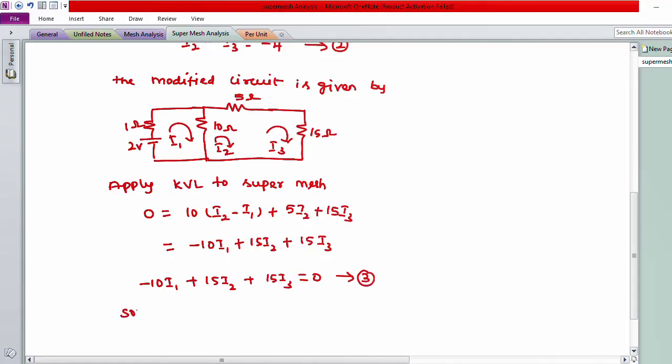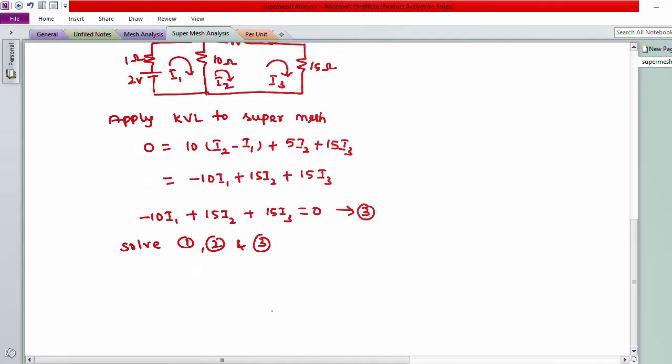Now solve equations 1, 2 and 3. We will get the current values: I1 = −2.35 amps, I2 = −2.78 amps, I3 = 1.22 amps.